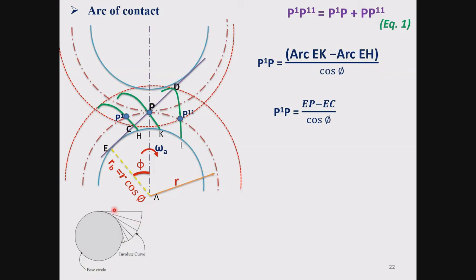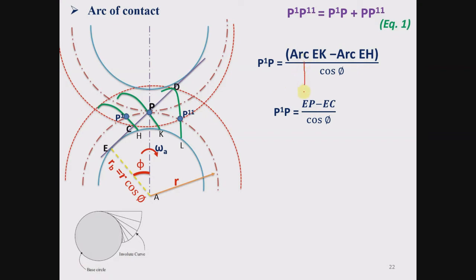Now how much is this length? This length is equal to the length of this arc because we have unwrapped this much amount of cord. So this length of arc on the base circle is equal to this length. This is the property of involute. So what have I written?